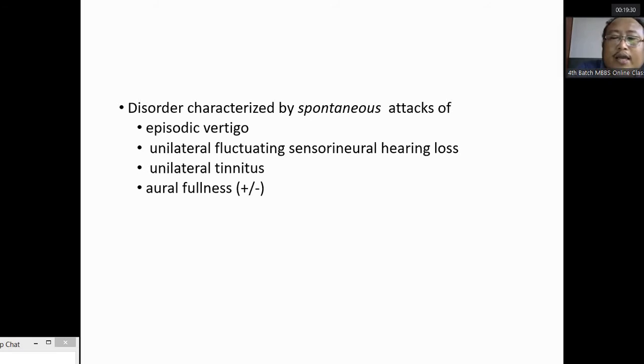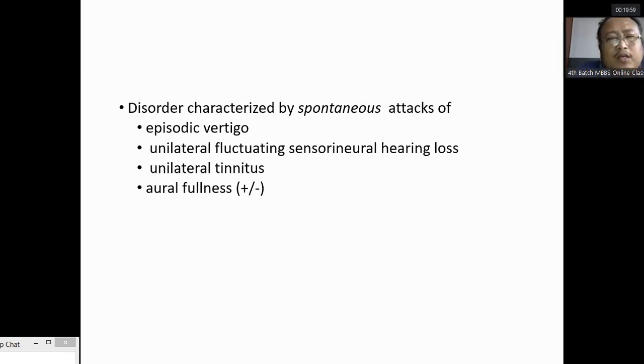That is, hearing loss is there. It might be a mild type of hearing loss, or a moderate one, but some degree of hearing loss is there. But the patient may complain of hearing loss or not at the initial phase. With the help of an audiogram, it can be detected.